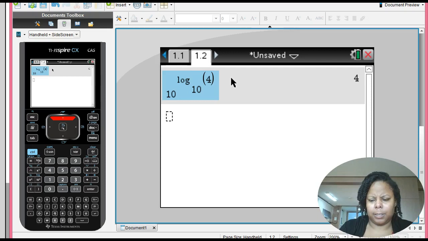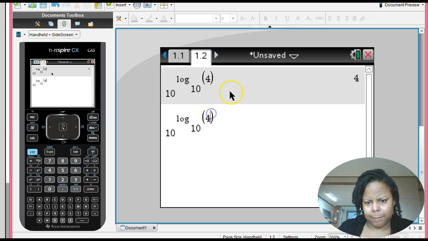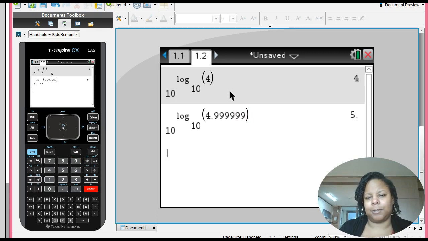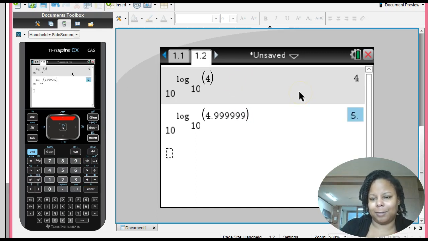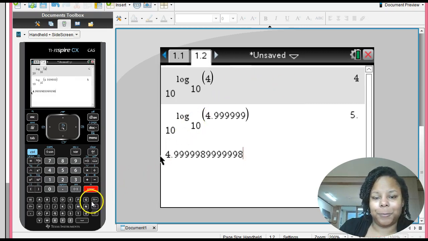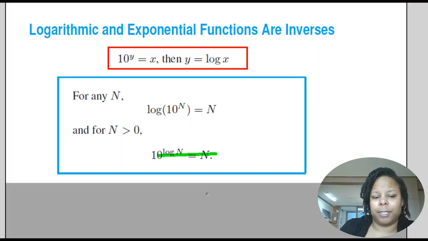I can substitute 4 in for any value. Here it shows 4.99999, and they rounded up to 5, but it's still 4.999 as well. Okay, so that's the property and relationship between logs and exponents. They are inverses of each other as long as the log and the exponent have the same base.